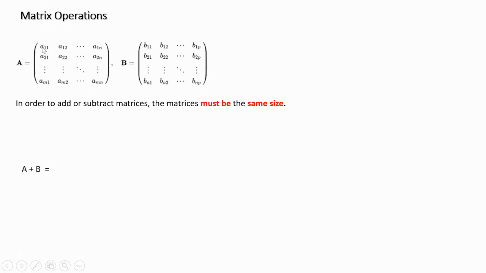We're going to take the position on matrix A, the first row, first column, plus the position on the B matrix, which has to be first row, first column. So it's going to be A11 plus B11, A12 plus B12, A13 plus B13, and so forth until we get to the end.